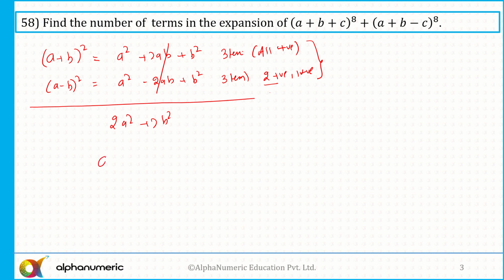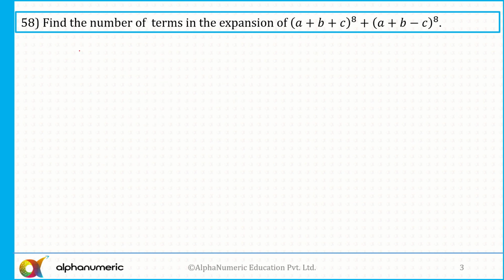Now, in the expansion of (a + b + c) raised to power 8, what is the total number of terms? That will be 10C2. How? If I expand (a + b + c)^8, the general term will be k into a^x into b^y into c^z, but the value of x + y + z should be 8.